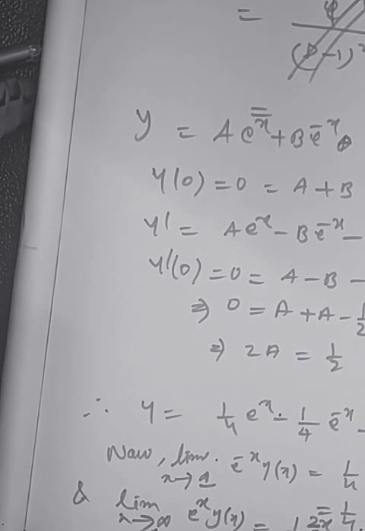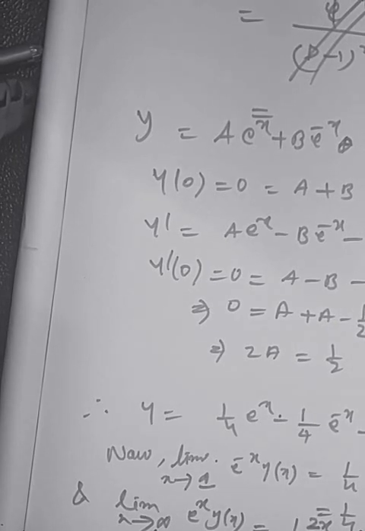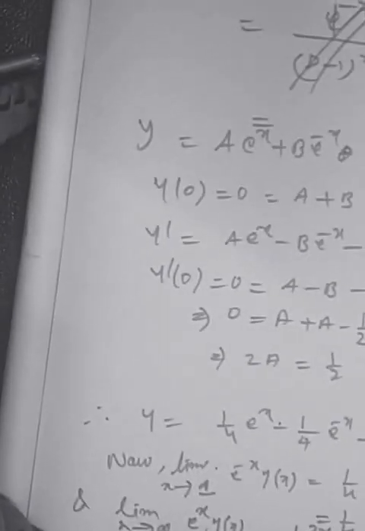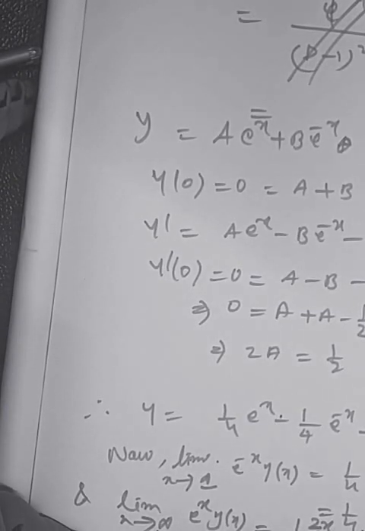Minus 1 by 4 will be 0, and it will be minus x by 2 only, as x tends to minus infinity, this will be 0. But what is the problem? This x going to minus infinity will send it to infinity, so this is false.